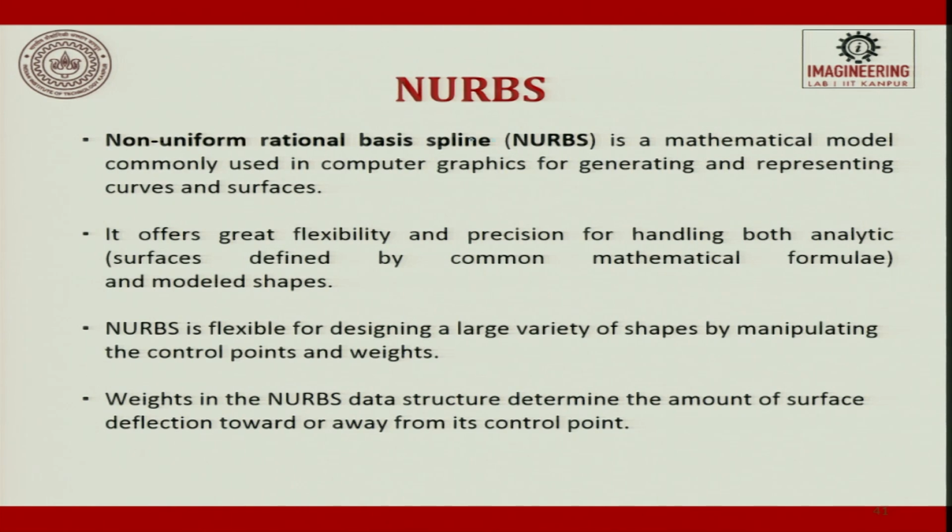So, then came the next advancement called NURBS. NURBS, an expansion of non-uniform rational basis spline, is a mathematical model commonly used in computer graphics for generating and representing curves and surfaces.